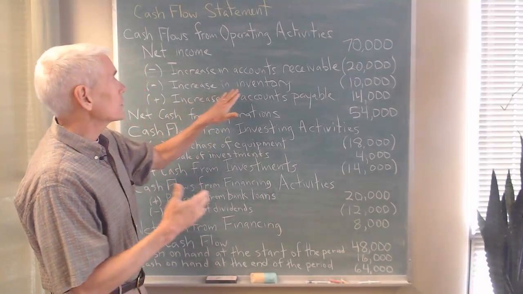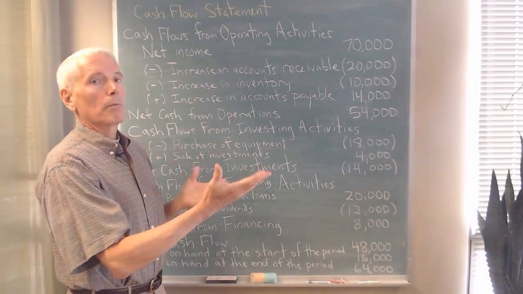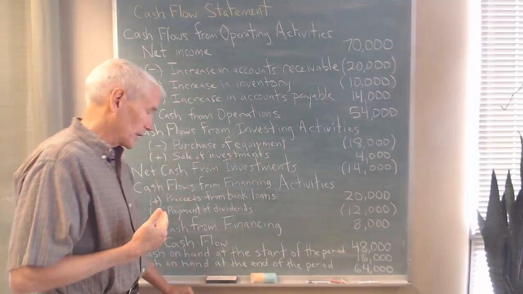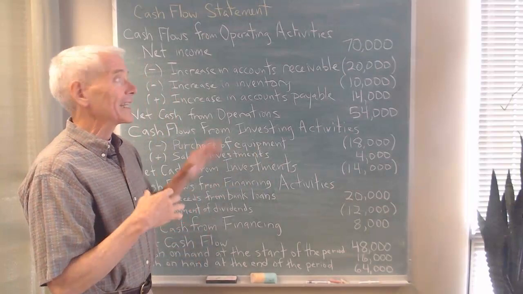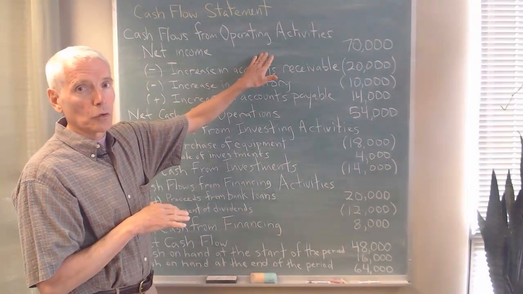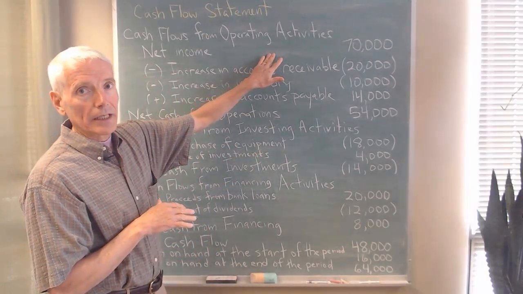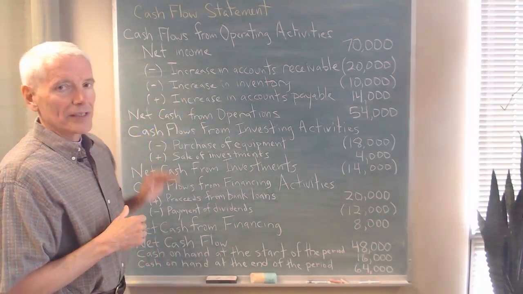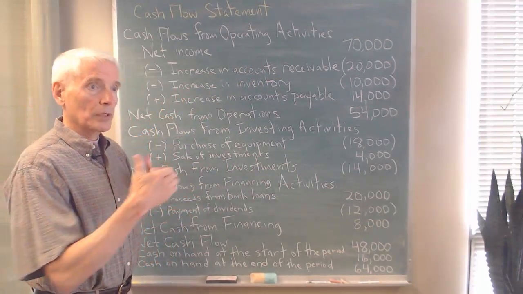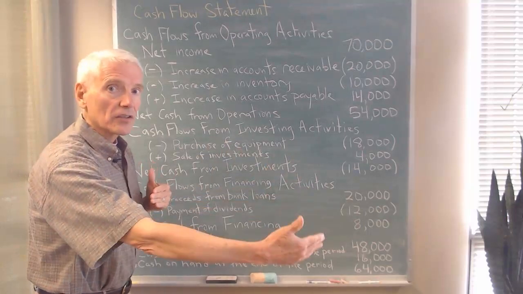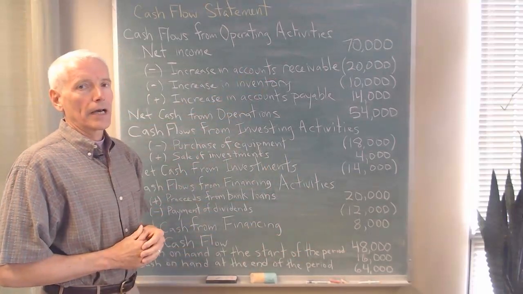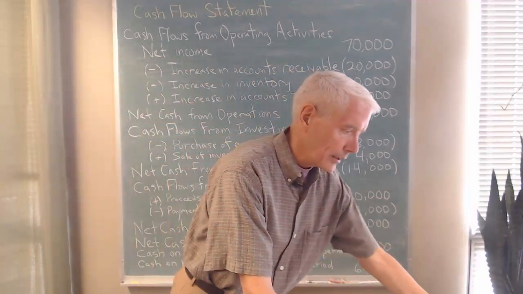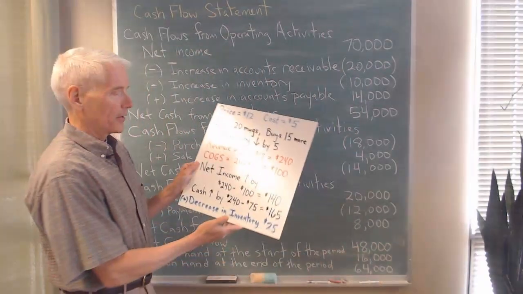If there is a net increase in inventory, we are buying more mugs than we're selling, and so the value of those mugs that we're buying but not selling is not part of the cost of goods sold that's subtracted in the calculation of net income. So we want to subtract out the $10,000 worth of mugs that we added to inventory but didn't sell. It could also be that inventory decreases, and let's talk about a numerical example there.